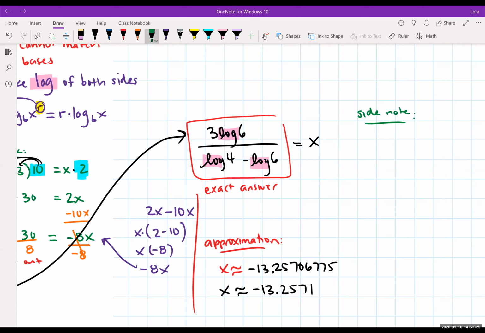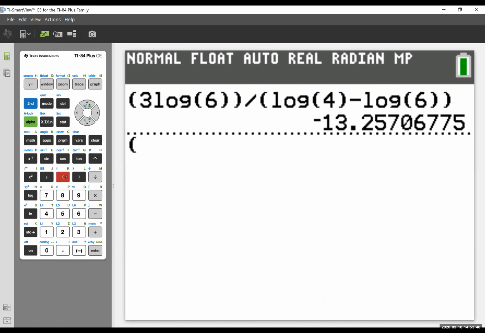if you had done this, 3 ln 6 over ln 4 minus ln 6, the question would be, are we getting the same answer? Let's test it. Let's go back to our TI. And this time, we still have to use parentheses.